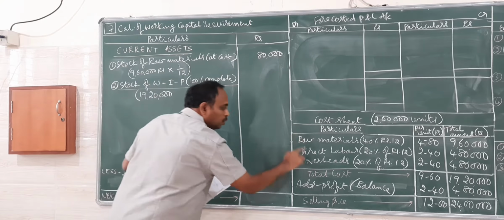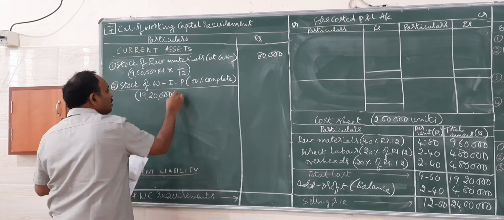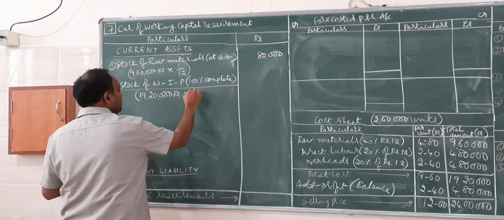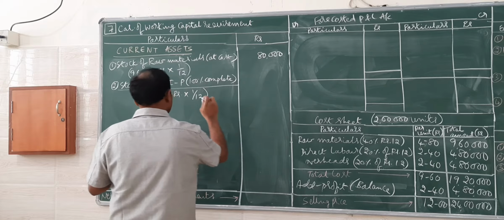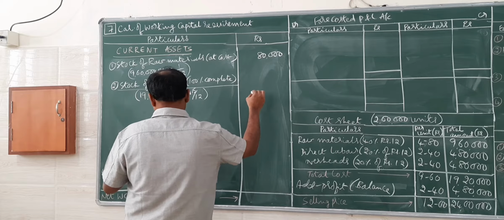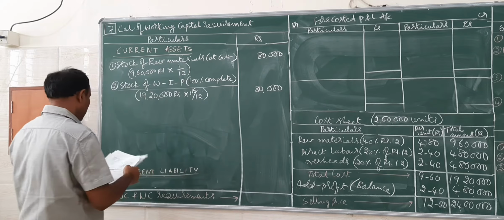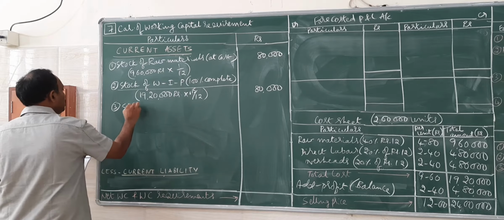I am taking the total of three elements to save time, the answer will be the same. That is for 1 month, sorry, half a month. 80,000. Then point number E, stock of finished goods.